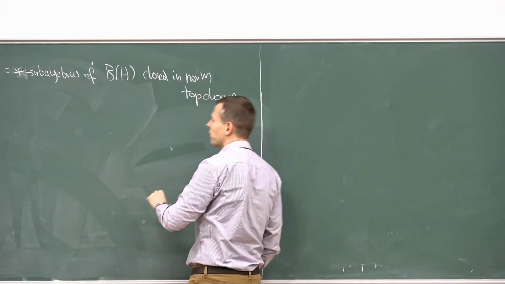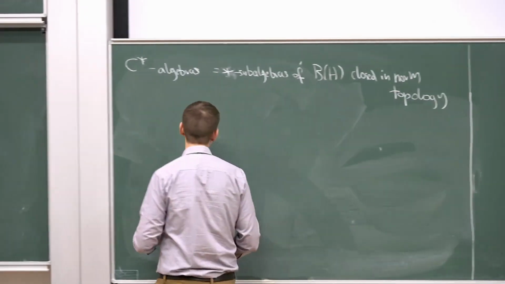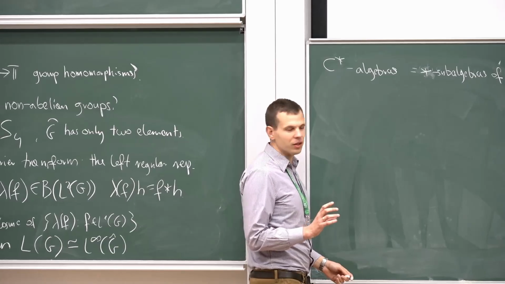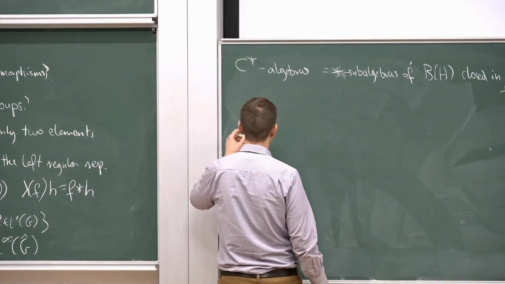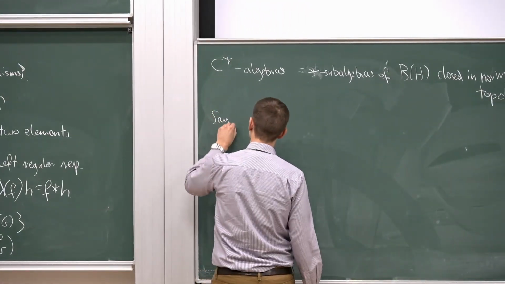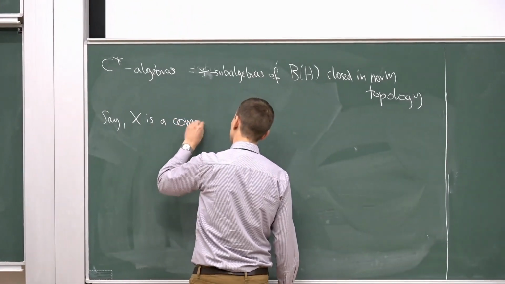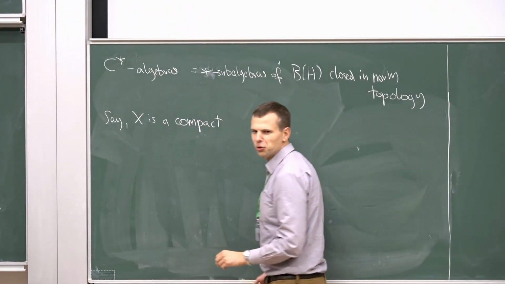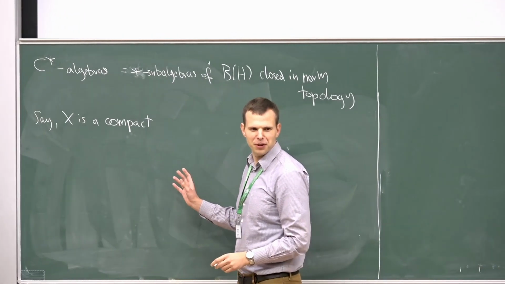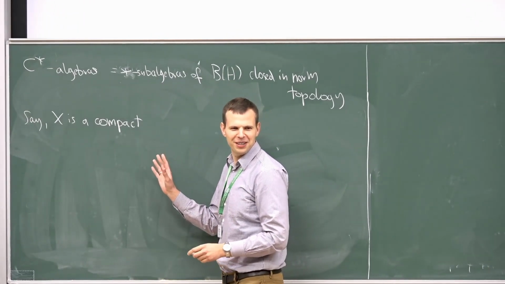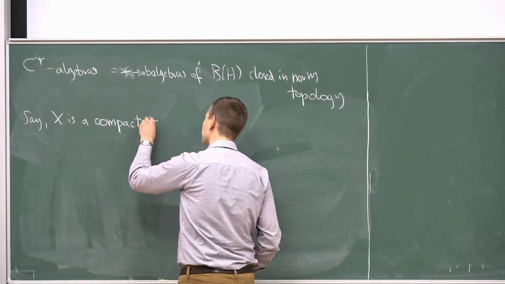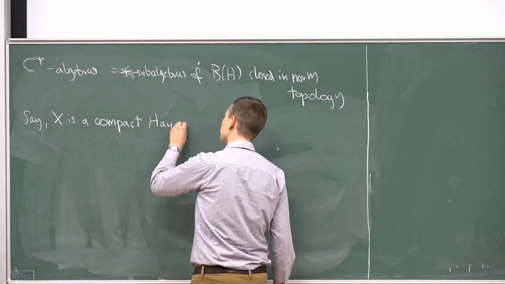And for this motivation part of the talk, the important class are the abelian C-star algebras. So say X is a compact Hausdorff space. What's the convention? I should add Hausdorff if I assume it, right? It's not automatic with compact. Okay, so compact Hausdorff space.